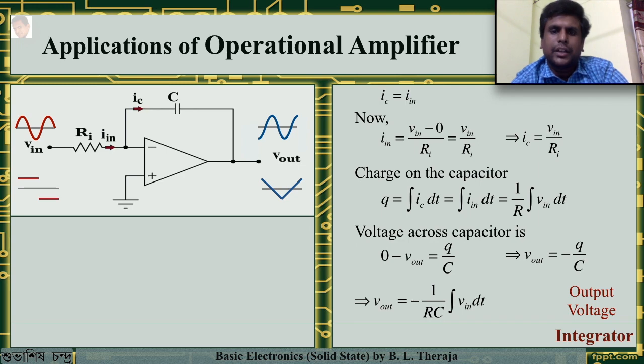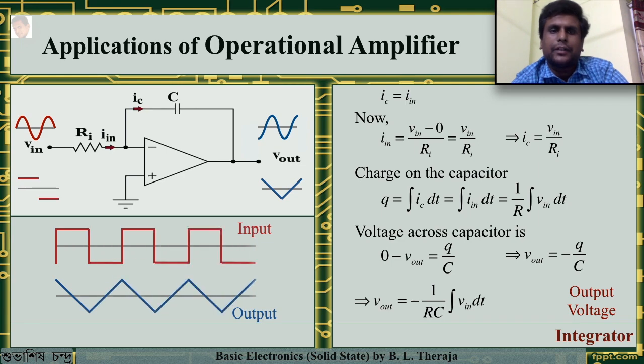This voltage is called the ramp voltage, and it gives the integrator a use as a ramp wave generator or triangular wave generator. For that, we provide a continuous square wave as input to the operational amplifier, and we receive a triangular wave as the output.